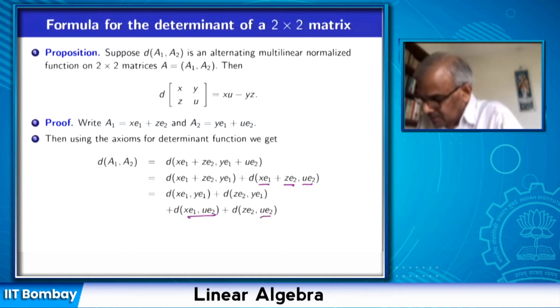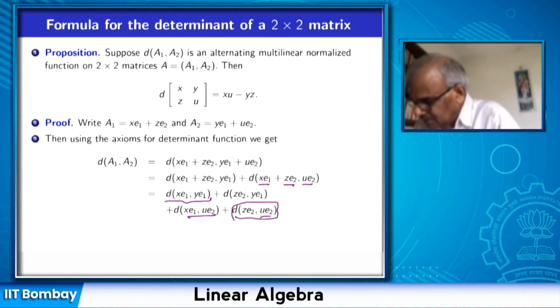Now look at this. Here x and y by multilinearity can be pushed out, and I get d of e1, e1, but that determinant is 0 because two column vectors are equal. Similarly, this is also 0 for the same reason. So I'm just left with this term and this term.